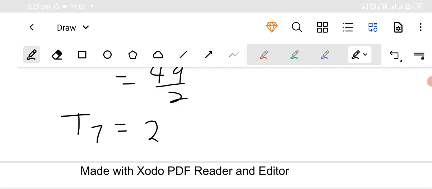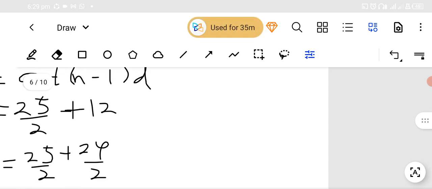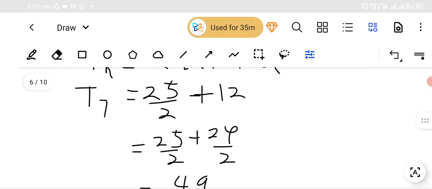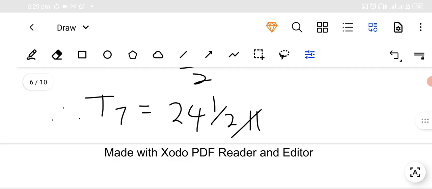So 24 remainder 1 over 2, 24 and a half. Pardon me for that, I was thinking of 38. So this is your final answer for the 7th term.